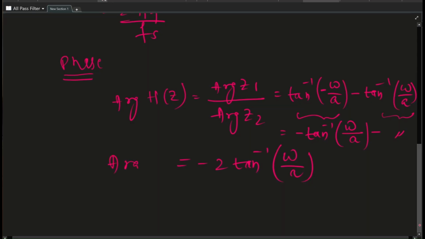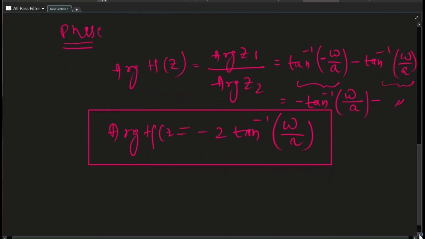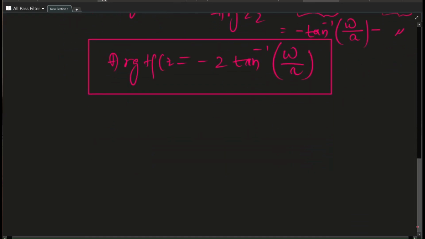So this is the argument of a function like this. What do we infer from this? It's very clear. So when omega, which is in radians per second, is 0, that means this term becomes 0, so the phase becomes 0 degrees.